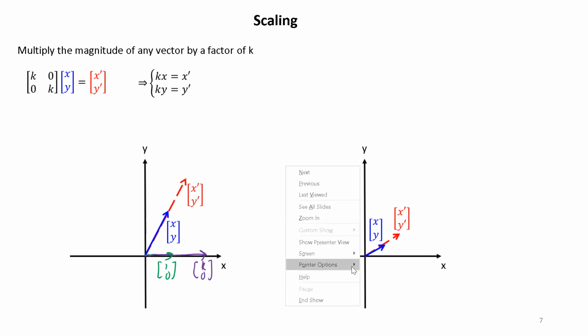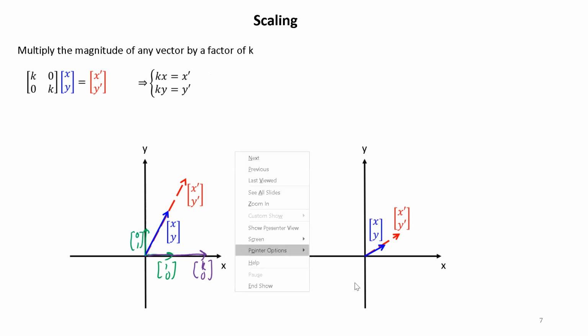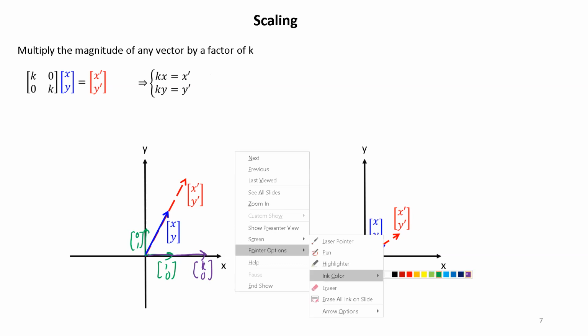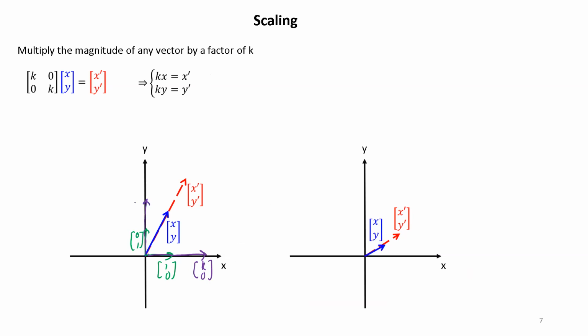Similarly, if you take the vector (0, 1), the scaling will give you the vector (0, k). So that's why (k, 0) will be the first column of my transformation matrix, and (0, k) will be the second column. This one is very easy.